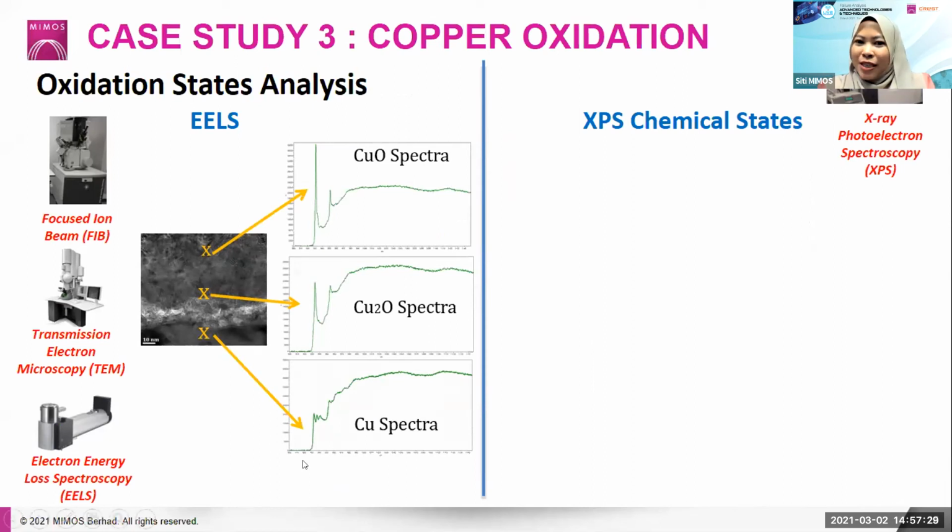So to answer your question, if you need to know the chemical state, then you can go for EELS. If this is not important, then you can perform the EDS analysis alone. And basically, EDS is meant for heavier elements, and EELS is meant for light elements.